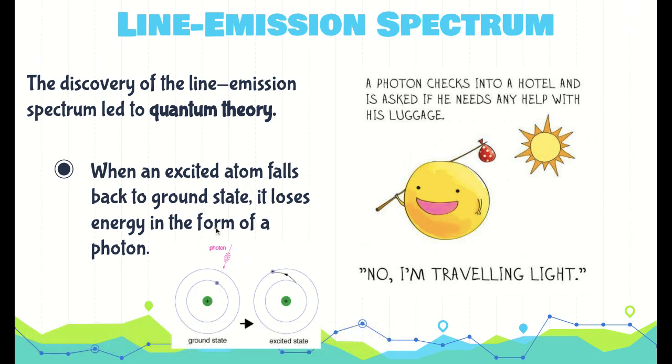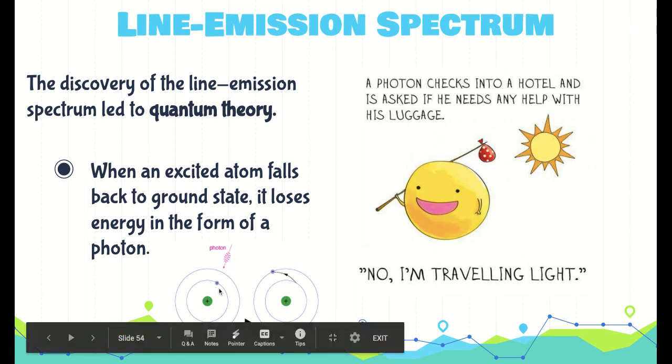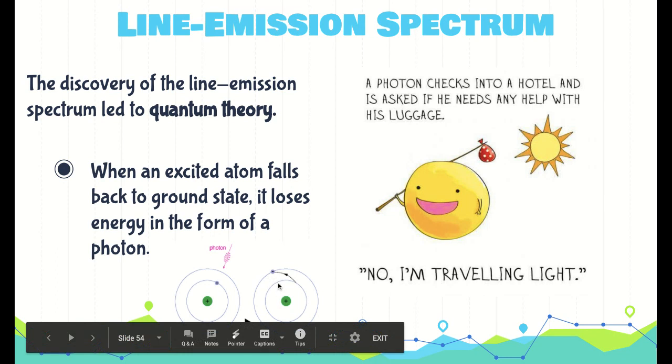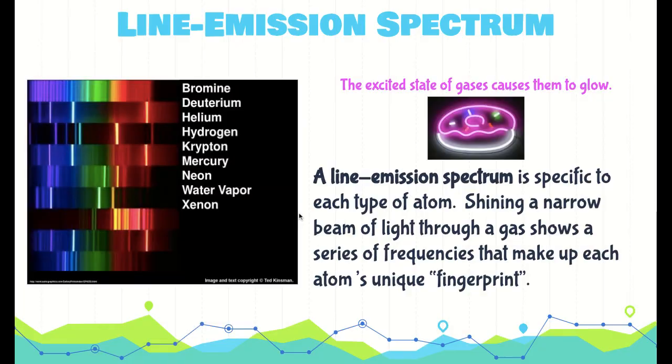There's other ways you can add energy. So this energy comes in, it excites the electron, and then it eventually loses its energy again. And so when this electron falls back to the ground state, it's going to release a photon of light. So that's where all these beautiful colors come from.